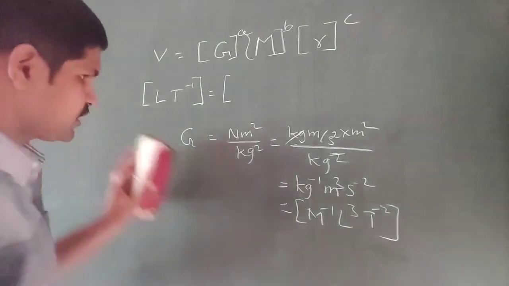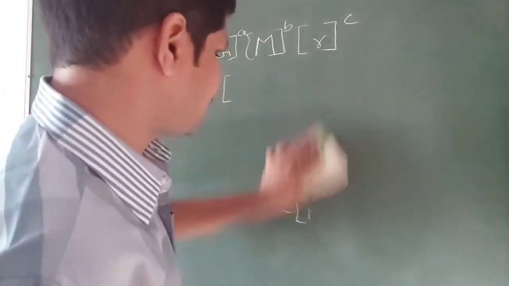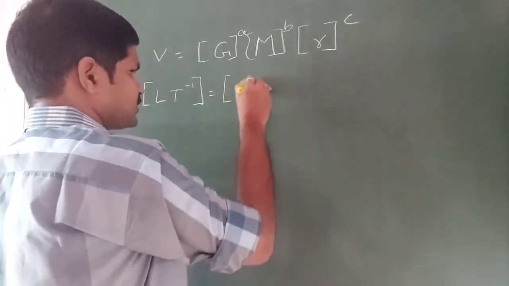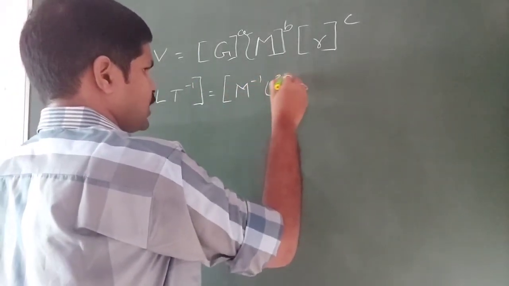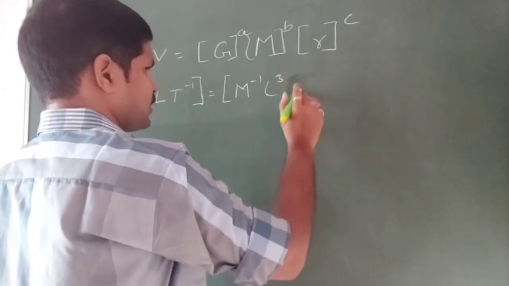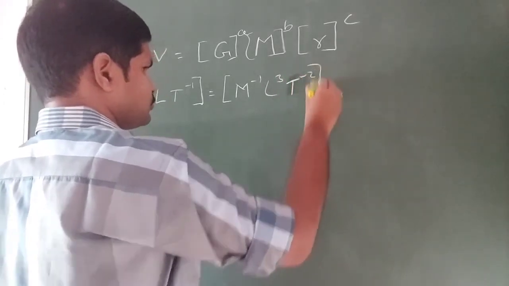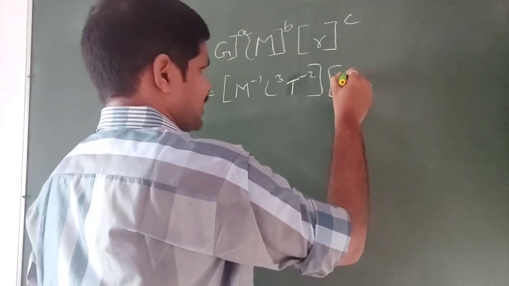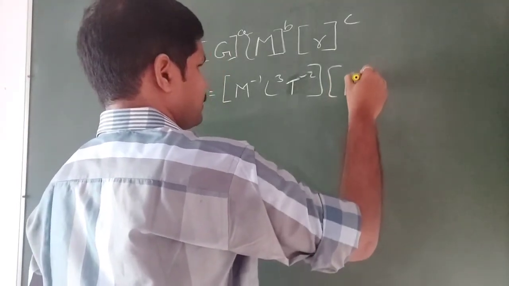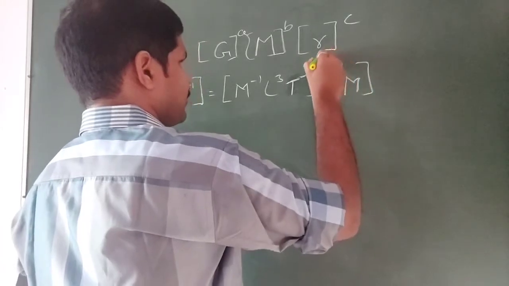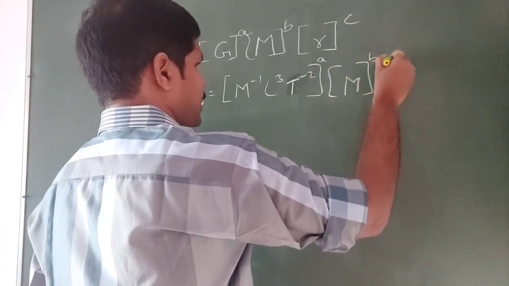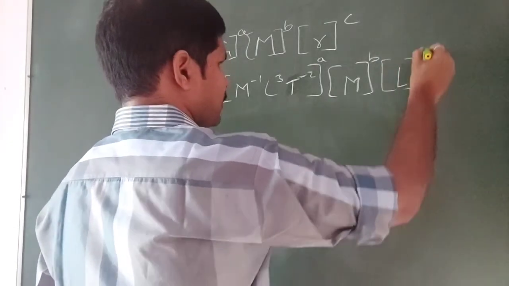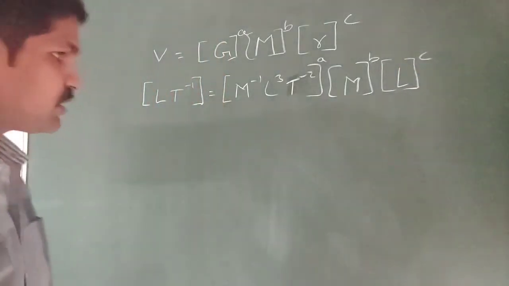So let's quickly rub this and write the dimensional formula here. That is M power minus 1, L cube and T power minus 2, into mass, which is simply M, with power A for G and power B for mass, and the radius is length whole power C. So this was the formula.